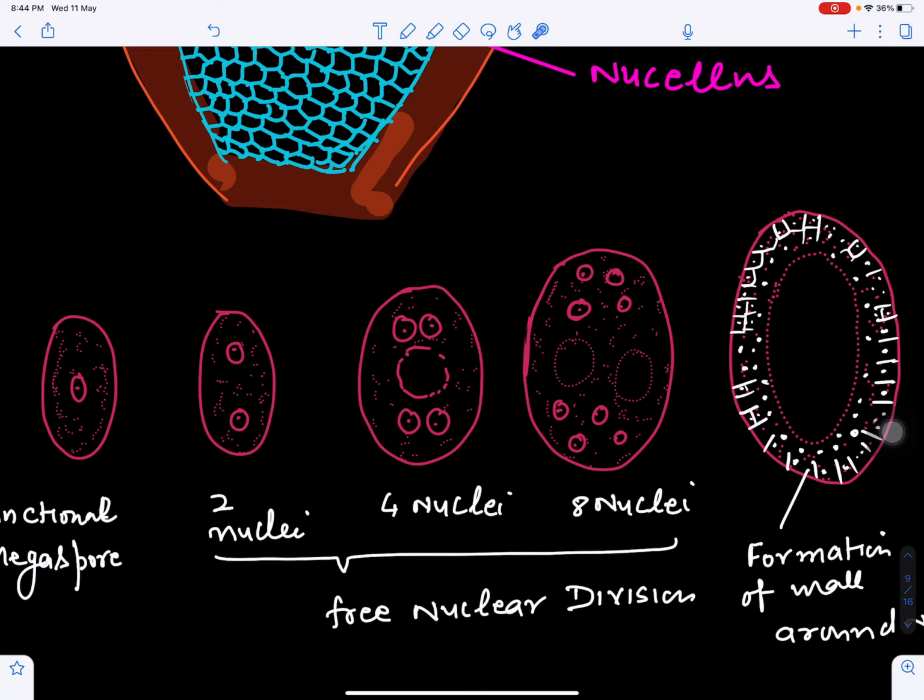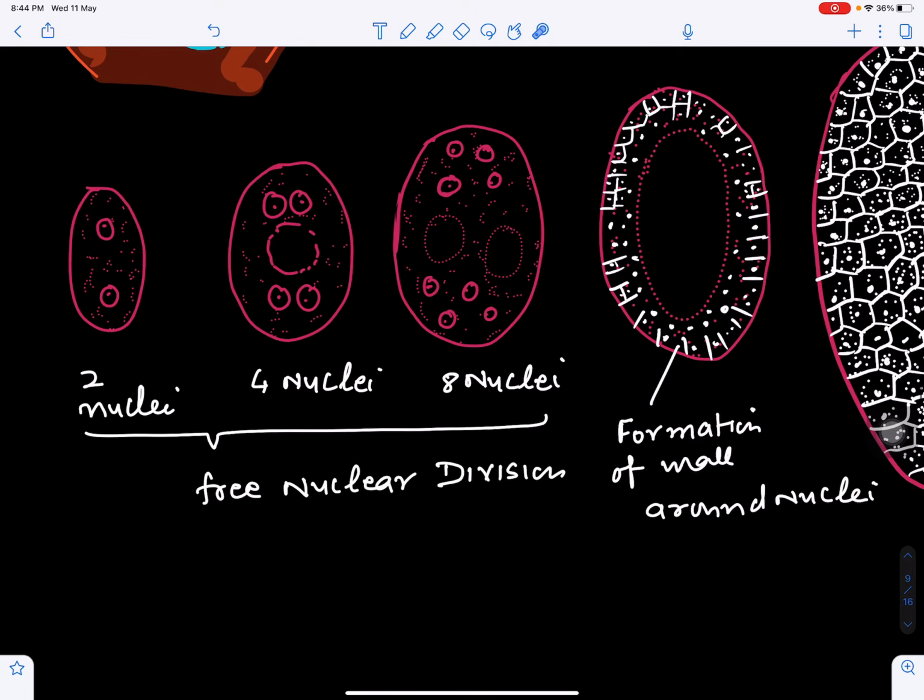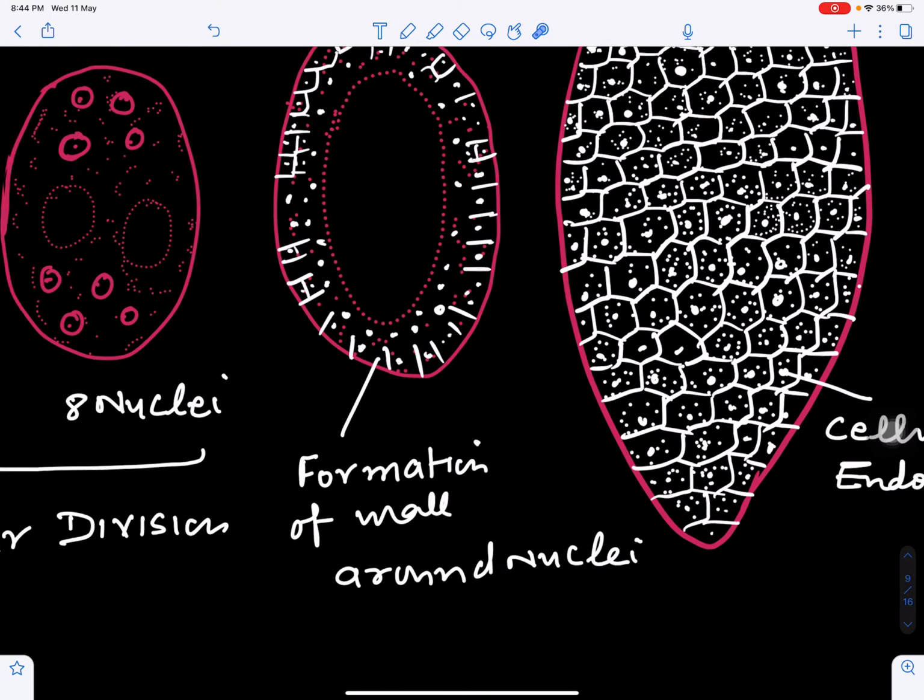These vacuoles coalesce with each other to form a bigger vacuole. So all these nuclei are pushed toward the periphery here. Along the nuclei pushed toward the periphery, wall formation occurs. We can see here the white color wall formation being shown, around these nuclei.